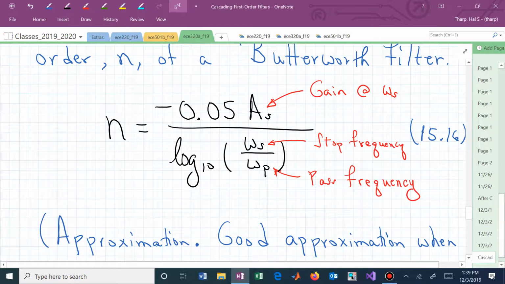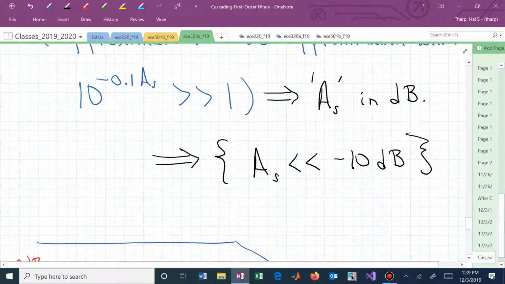We have the log base 10 of 2. What's that? 0.3. So now we have minus 0.02, or 1/20th, times whatever I said A sub s was. Was that 15? Divided by 0.3. What do you end up with for N? Pardon? 2.5.